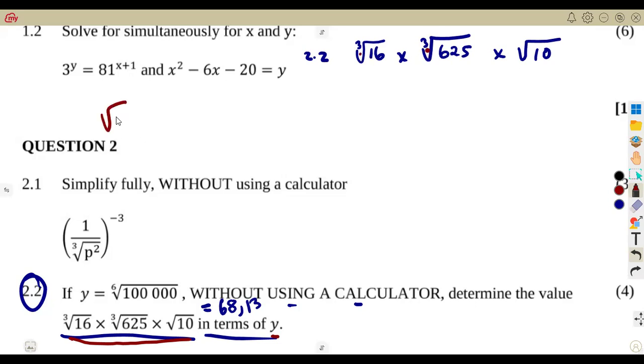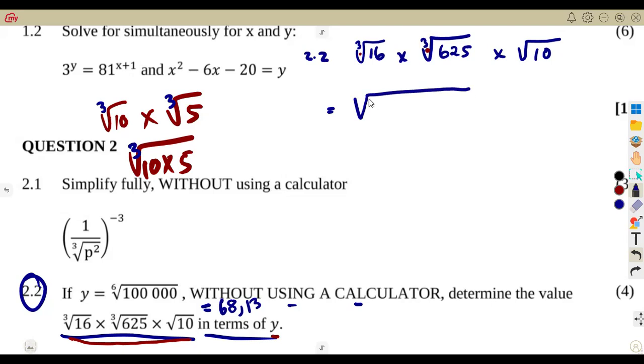The square root of 10 times the square root of 5: if it is square root to square root, you are allowed to multiply the numbers under the square root, 10 times 5. The same, if this is a cube root, this is also supposed to be what? Cube root. So there is a cube root there, so we're allowed to multiply this. So it's going to be the cube root of what? 16 times 625.